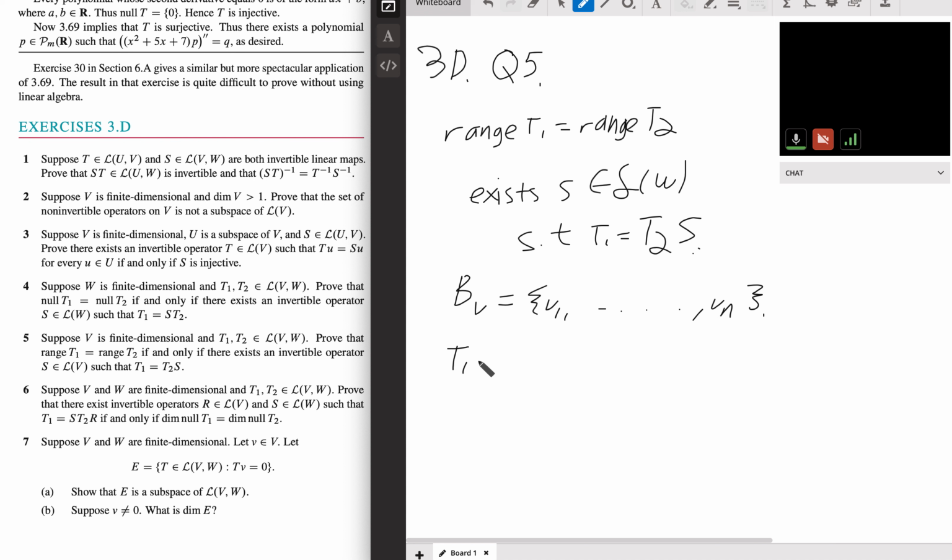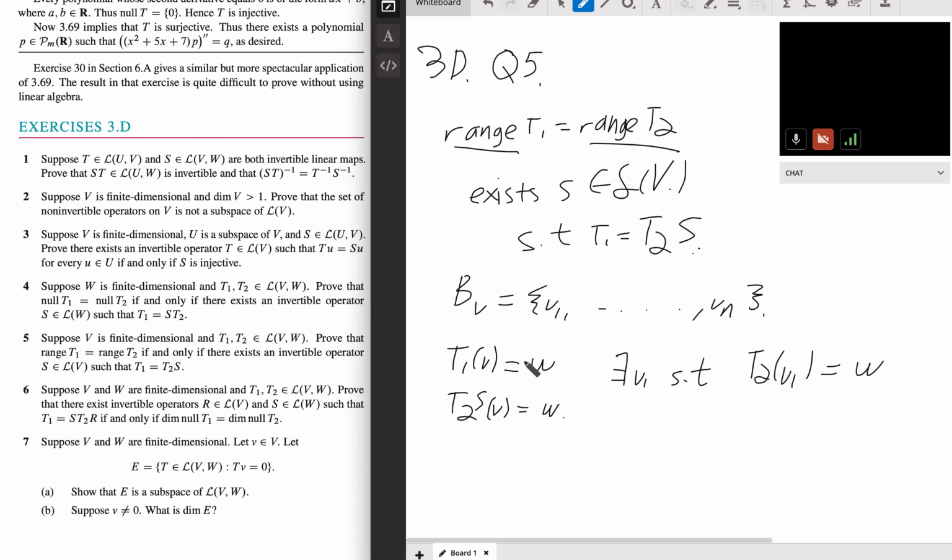So if T1 of some arbitrary V is equal to W, then you want T2 composed with S of that V to also be W. Let's say since range of T1 is equal to range of T2, there must exist V1 such that T2 of V1 is equal to W. So this is the same W. And then we'll define S of V to be V1, right?